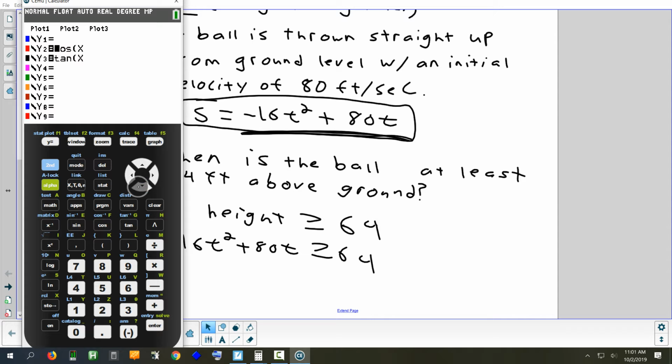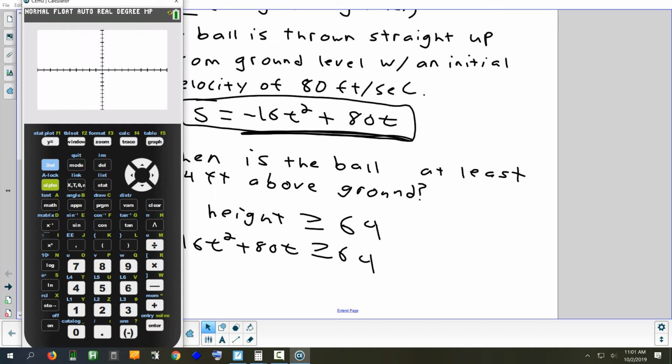Okay, let's take a look. All right, so we've got negative 16x squared plus 80x. I could have done y1 and y2. I accidentally did y2 and y3. Whatever, it doesn't matter. I'm going to do zoom 6.